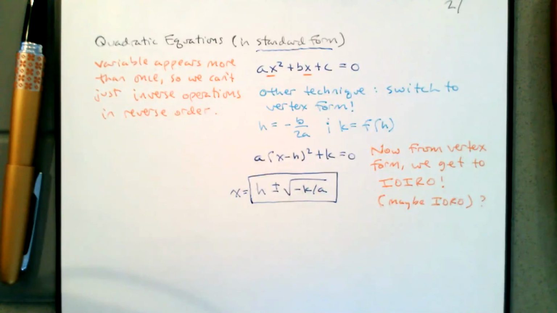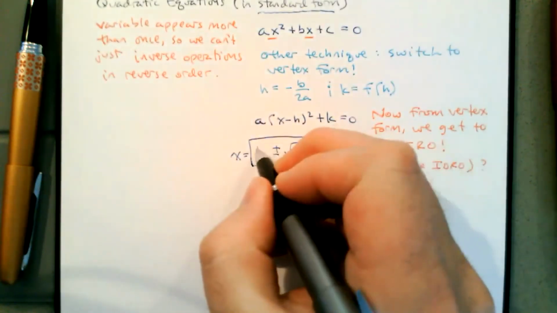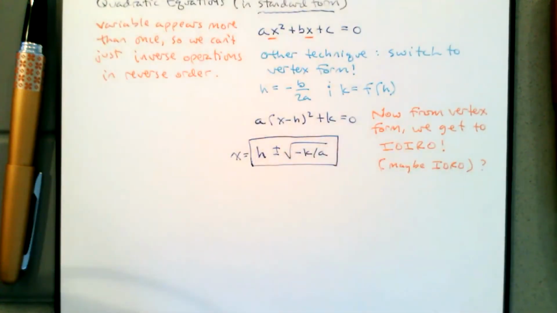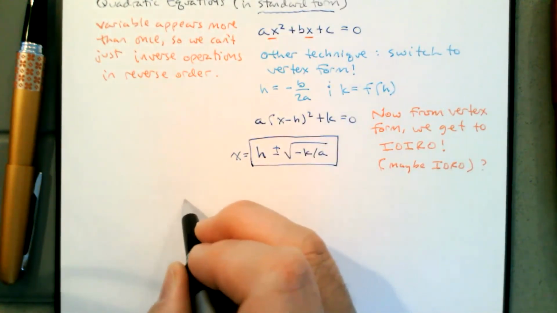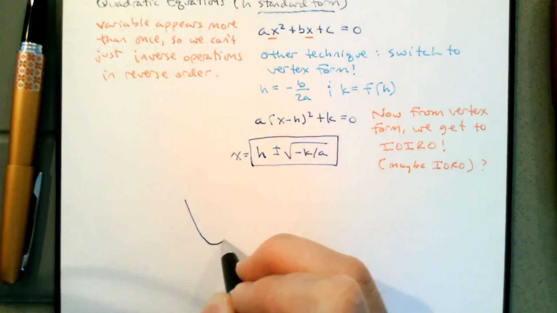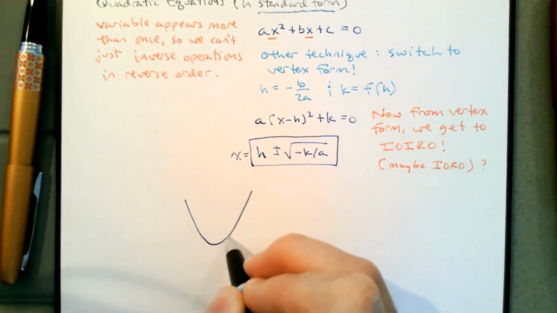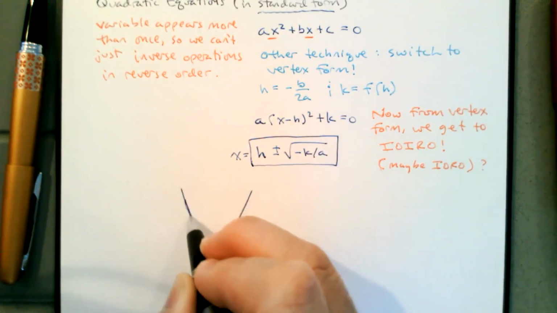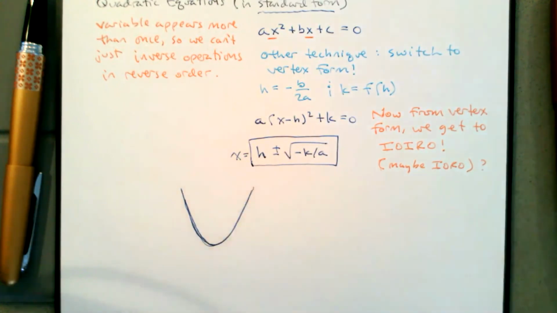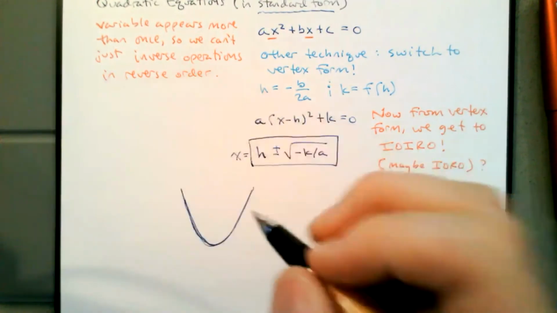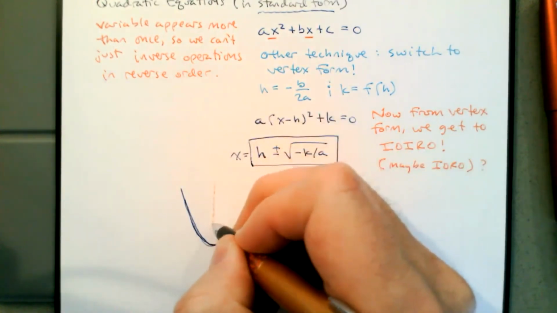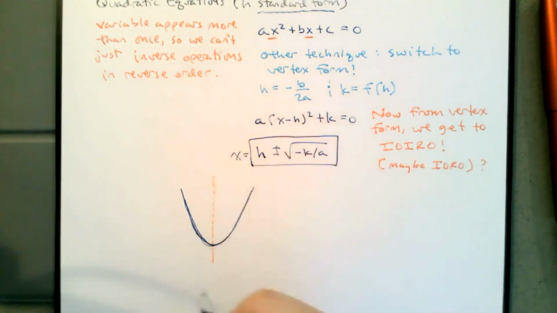Just as a reminder, the reason that I prefer this x equals h plus or minus the square root of minus k over a is that it emphasizes the fact that we're looking for the middle, the vertex, and in the middle is the axis of symmetry. I think I made them orange all the time. Here's where x is equal to h.